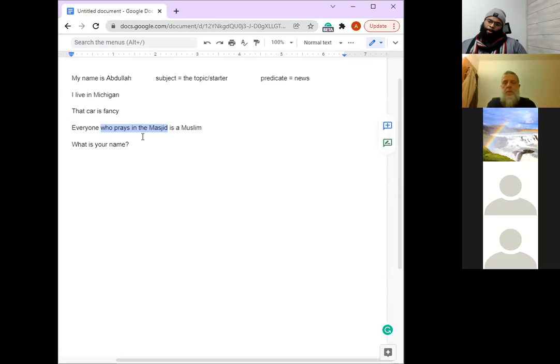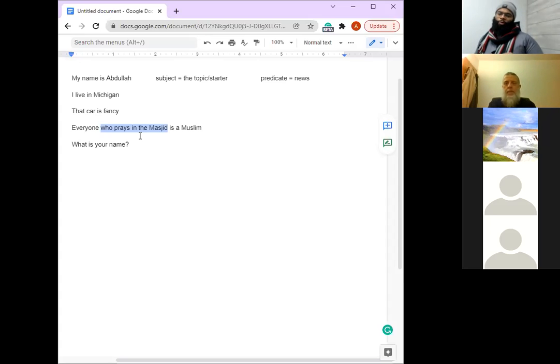But if you just said everyone is a Muslim, that wouldn't be identified. If I say everyone is a Muslim, it may not be correct Islamically, but linguistically, it's a complete sentence. So you've got to separate meaning from the structure.